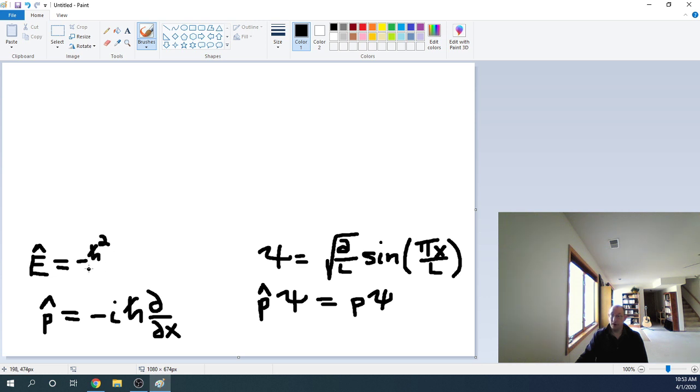This is only for a particle in the box. Second derivative. That's the energy operator.